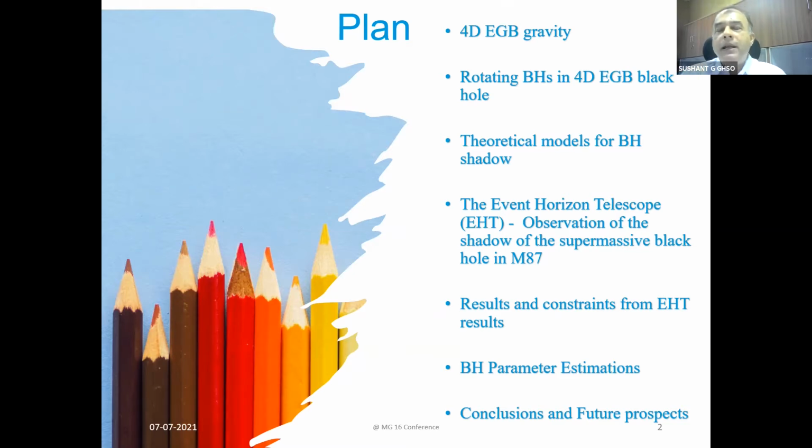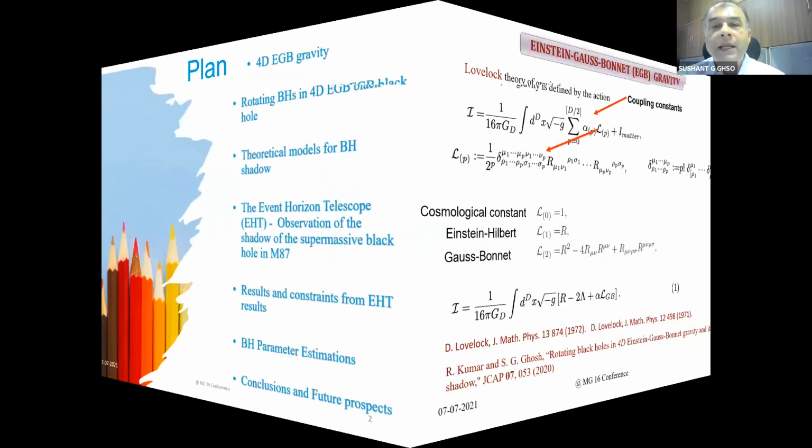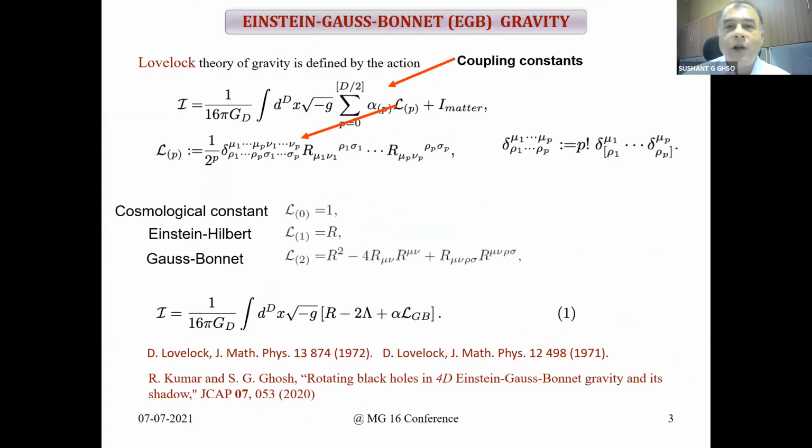Now, in this talk, we will be considering the 4D EGB black hole as the M87 star, and we will investigate what the constraint on the parameter space of the black hole is. Let me start with Lovelock gravity. The action of Lovelock gravity was given in 1971 by Lovelock.